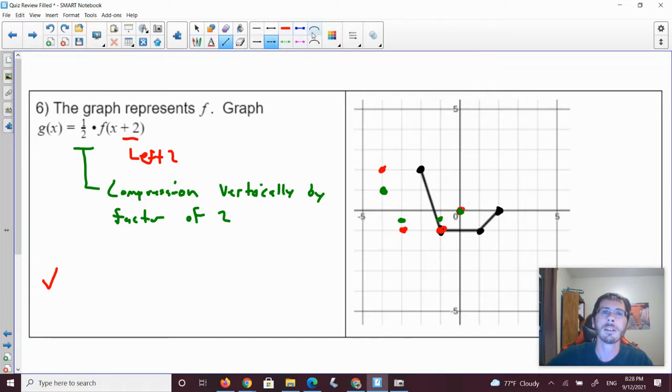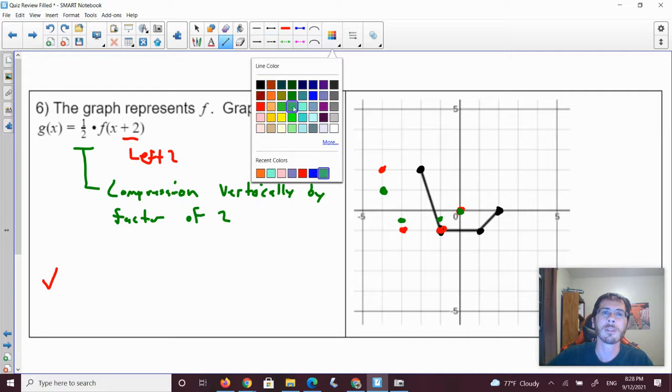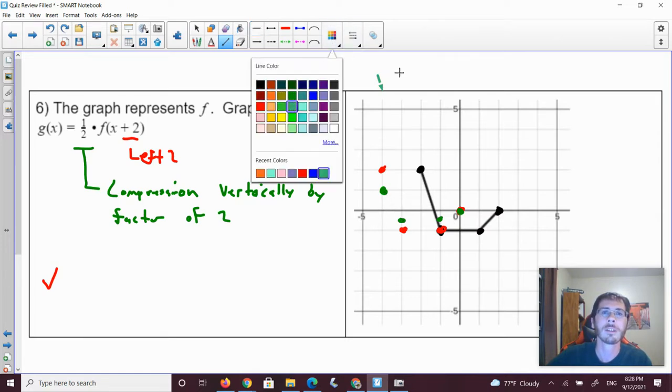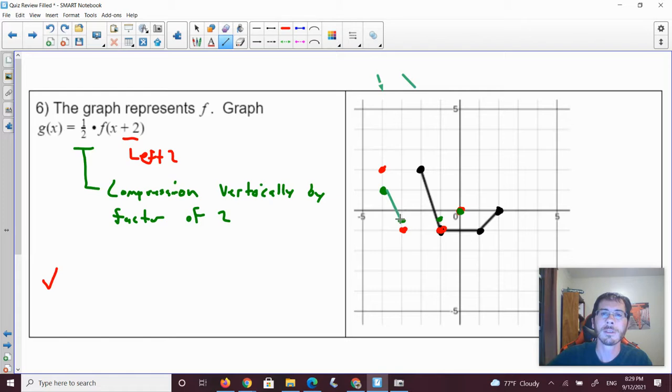We'll draw our line. Let's make our line green. So we'll draw a line, and draw a line. Maybe not perfect, but that looks pretty good. That's it. We're done. We don't have to do anything else. We did the first transform, we did the second transform.